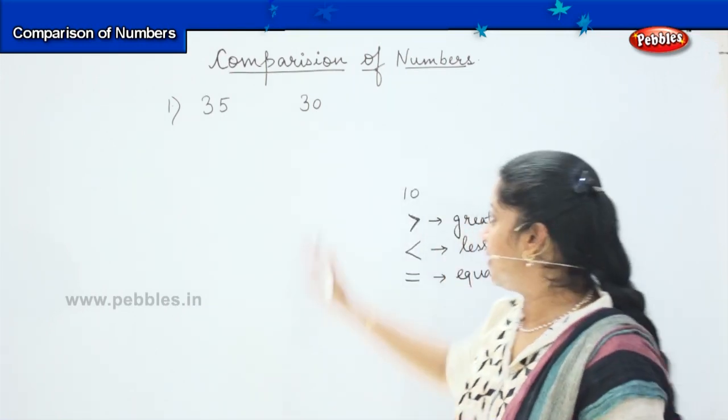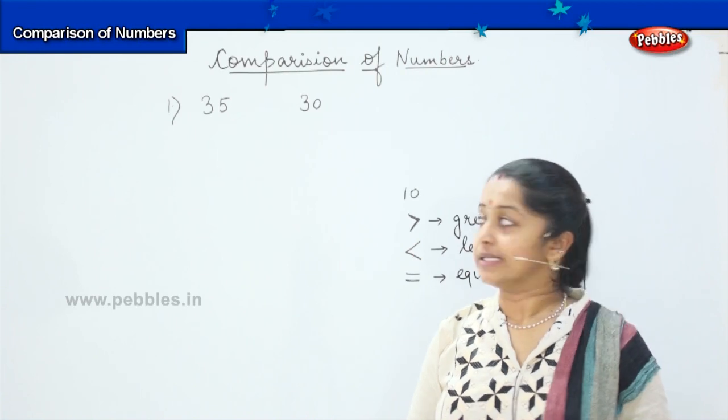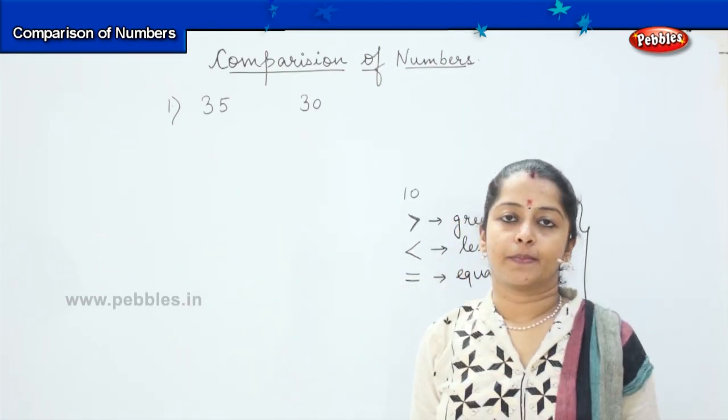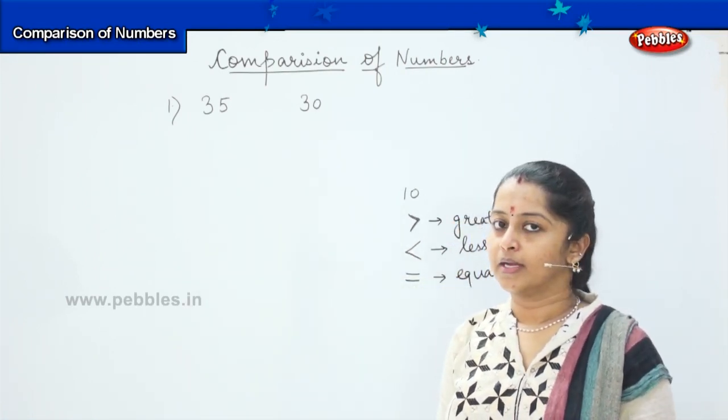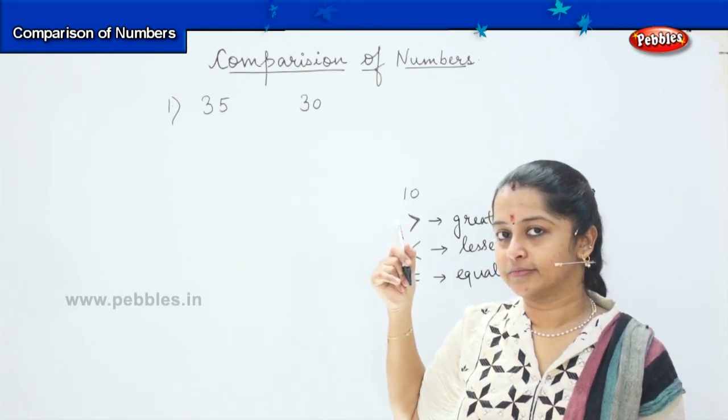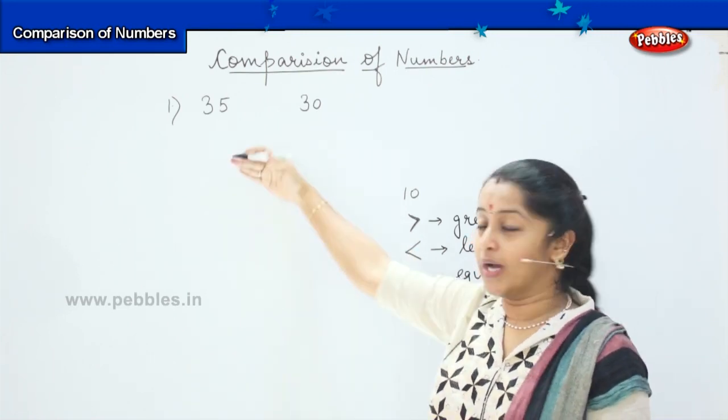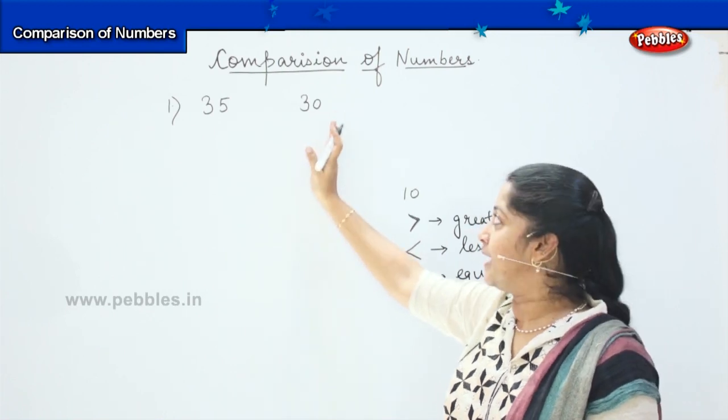Now tell me which among them is the bigger one. Is it 35 or is it 30? Did I hear you saying 35? Correct. You are absolutely correct. 35 is bigger than 30.